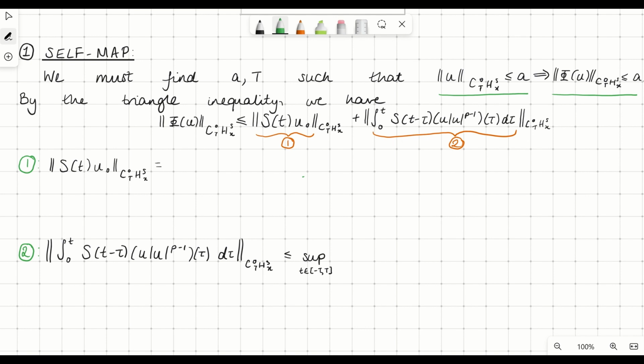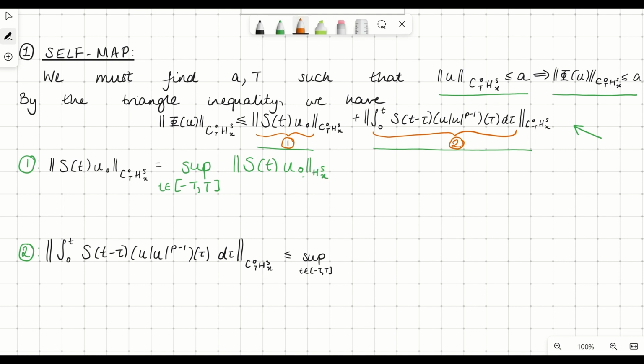So first we have this very simple inequality from triangle inequality. We just split phi of u into the free evolution term and the nonlinear Duhamel term. And the first term, the linear term, is very easy to bound using that S(t) is an isometry on H^s. So the norm of S(t)u_0 in C^0_T H^s_x is the supremum over the interval minus T to T of the norm of S(t)u_0 in H^s, just by definition.